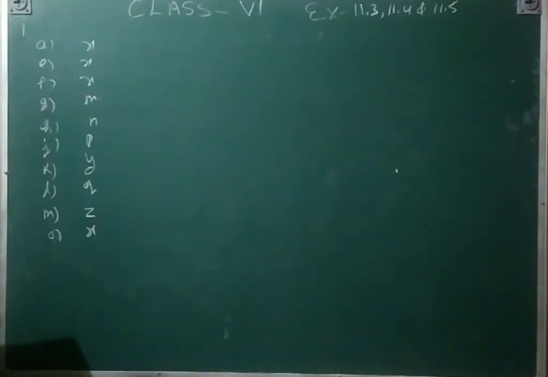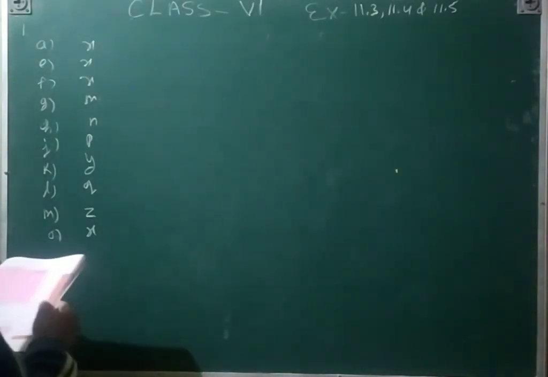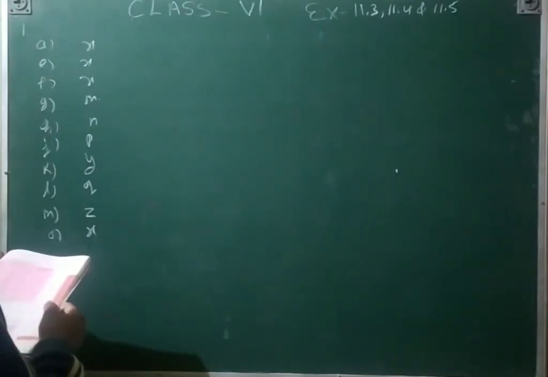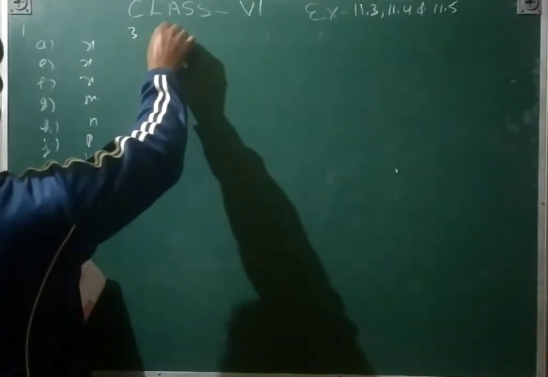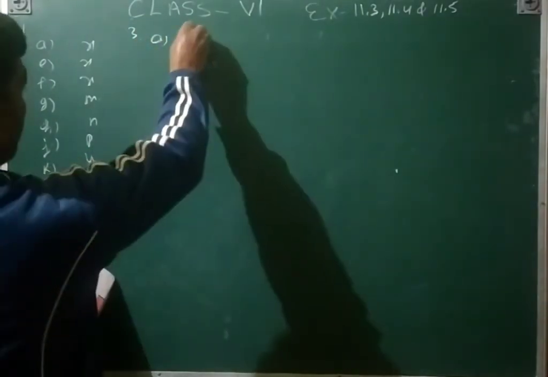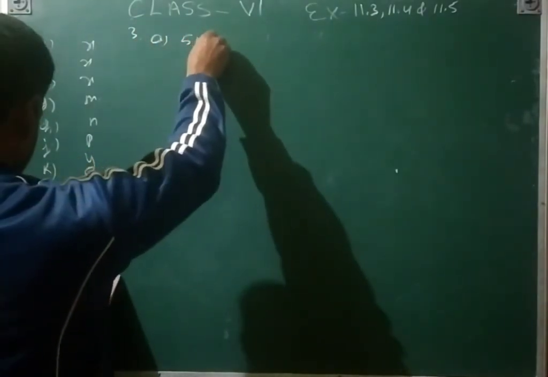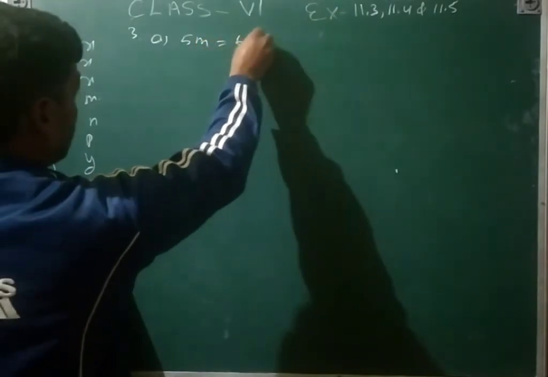Pick out the solution of the value given in the bracket next to each equation, so that the other values do not satisfy the equation. So that third question, A part, that is 5m is equal to 60.